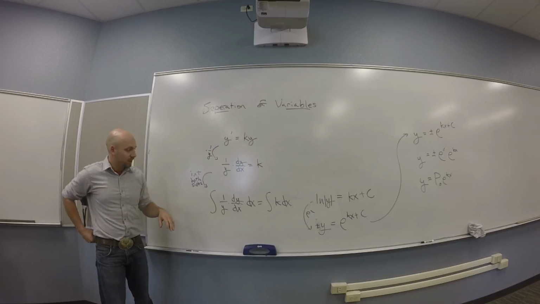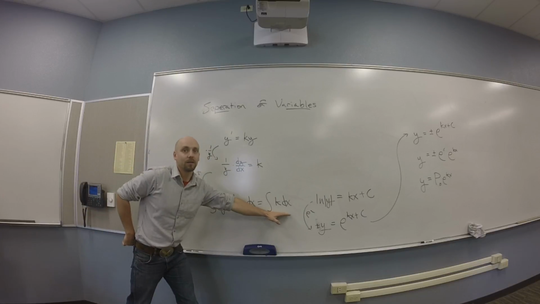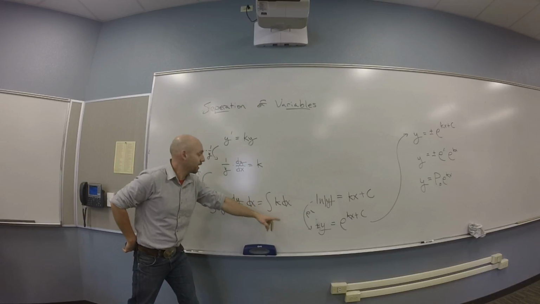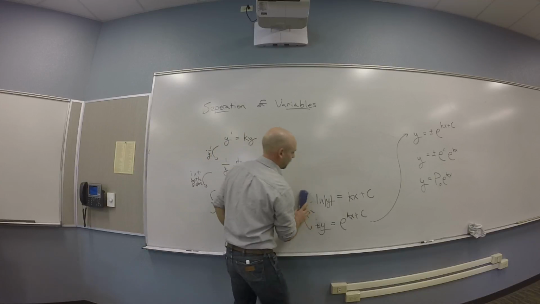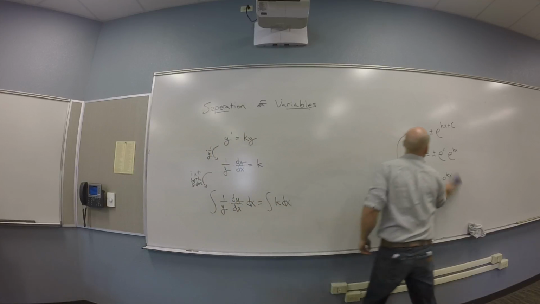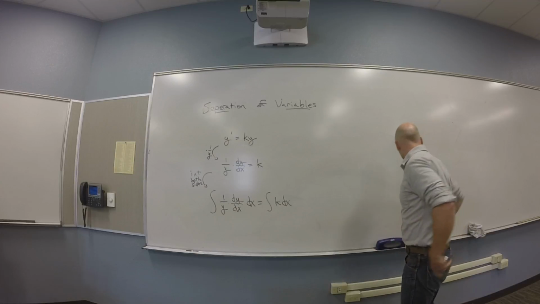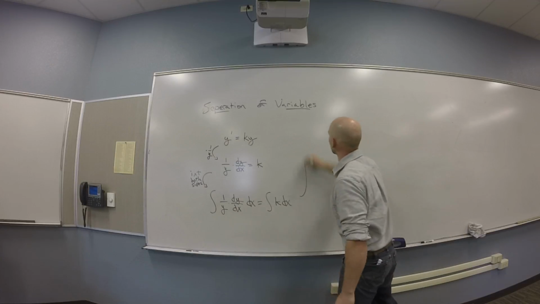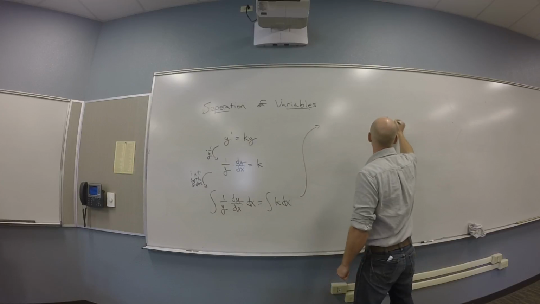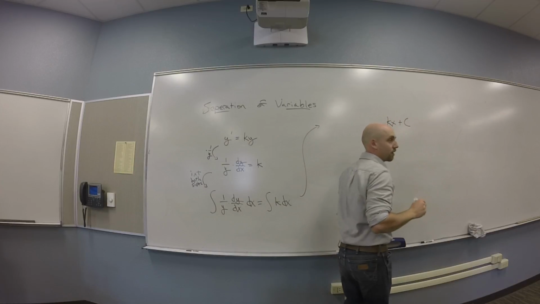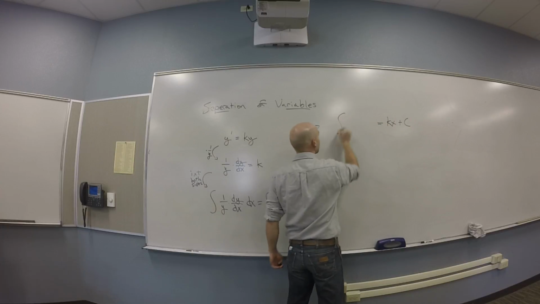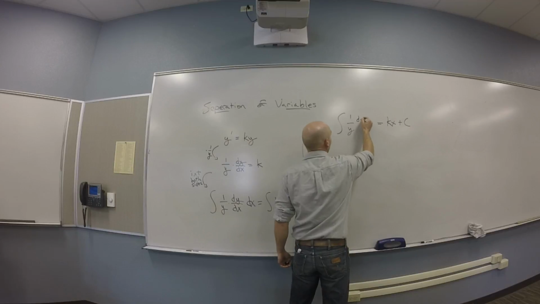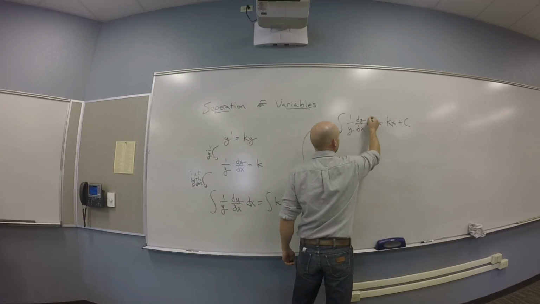This part I can integrate. You know how to integrate k with respect to x. What's the antiderivative there? kx. Yeah, just kx, right? Oh, I erased the thing I was going to get. So I get k times x plus a constant on that side. On the other side, I still have the integral of 1 over y dy dx with respect to x.